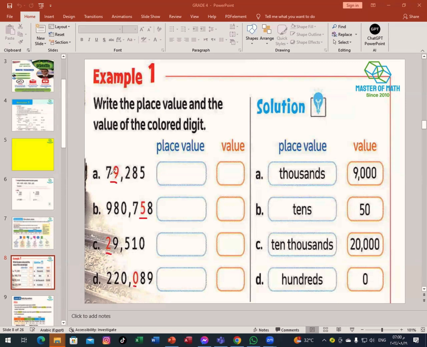Place value of 9 here, let's take it step by step: ones, tens, hundreds, thousands. So here the place value is thousands.